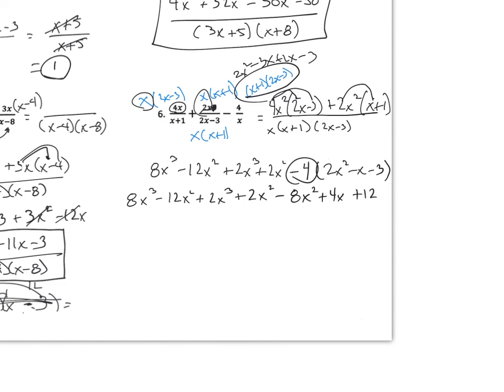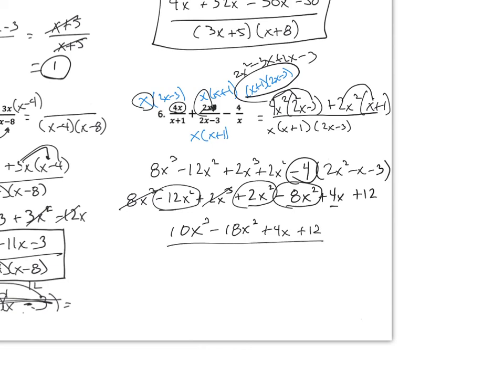X to the thirds, 10. X squared's a negative 12, a positive 2, and a negative 8. So that's a negative 20, so this will be a negative 18x squared. The plain x's, just one, so plus 4x plus 12.